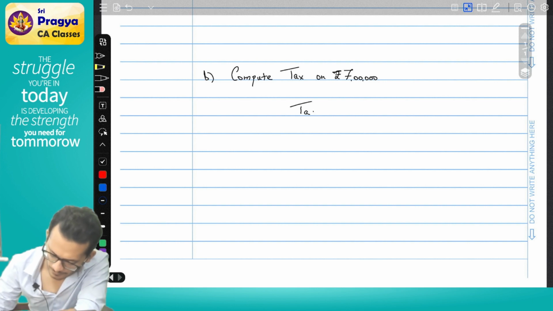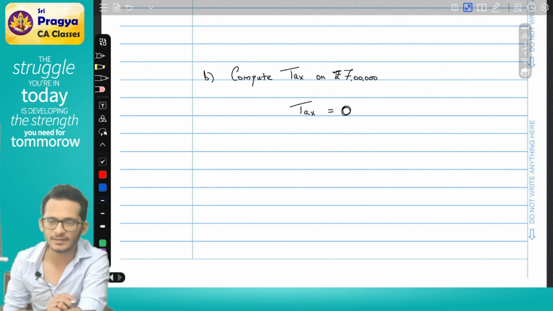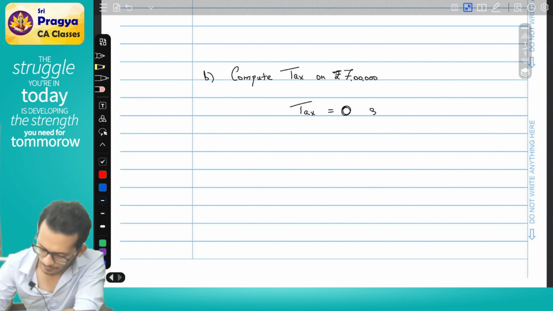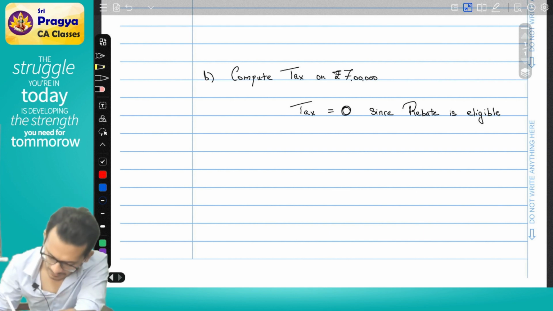Tax on 7 lakhs is 0 because rebate is eligible. Since rebate is eligible. Can we go forward?